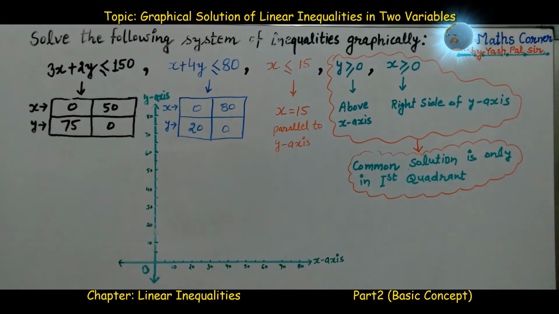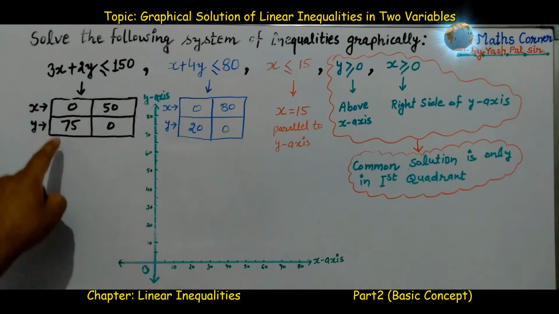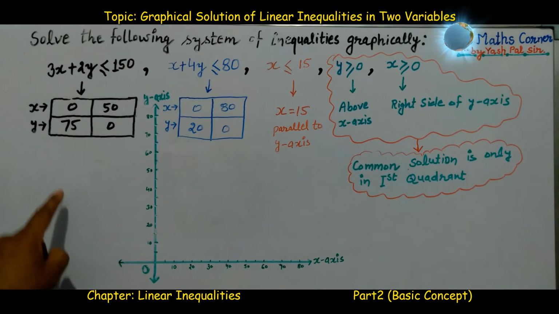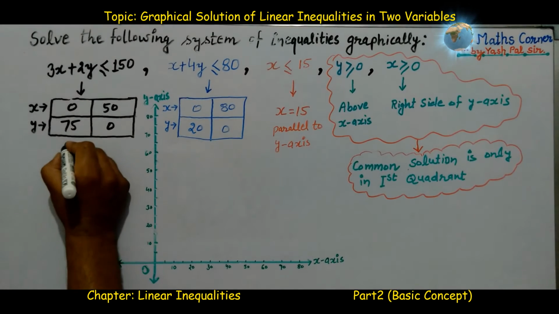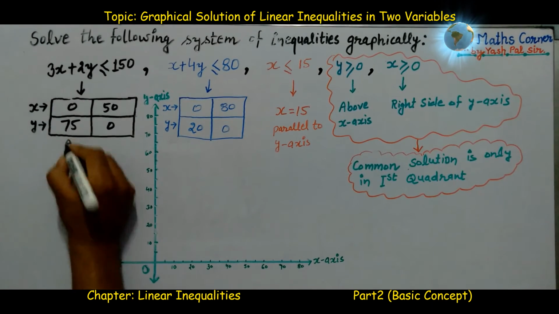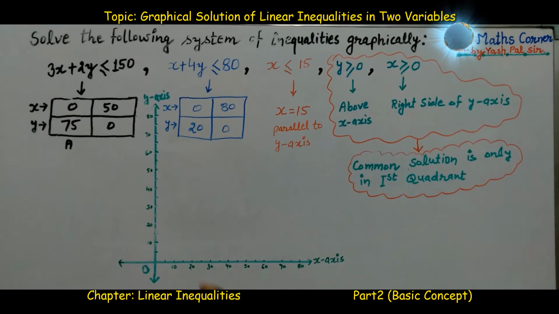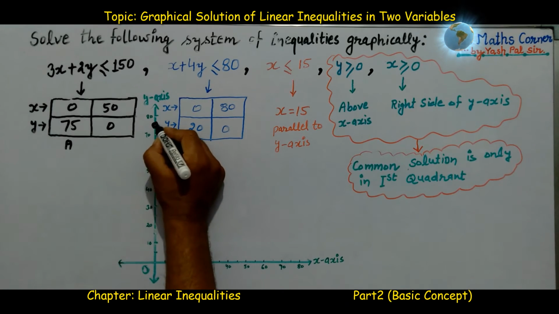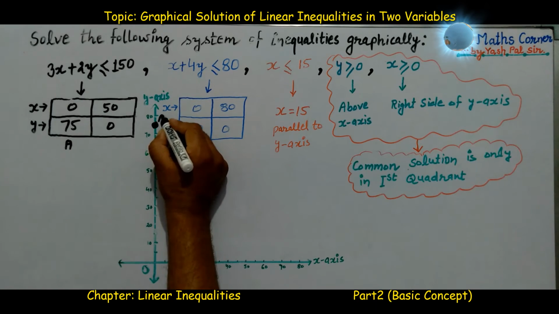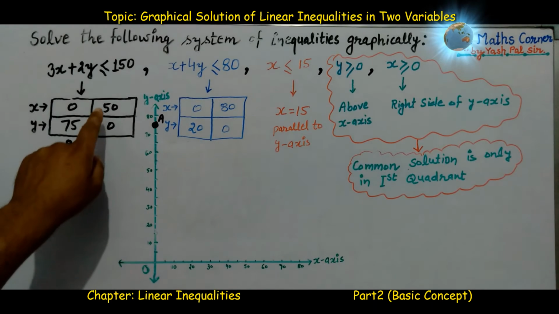So taking the first inequality, x is 0, y is 75. Suppose the name of this point is point A. So here x is 0 and y is 75. The second point is x is 50, y is 0.